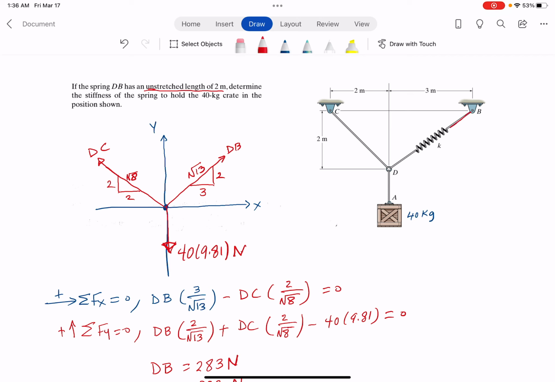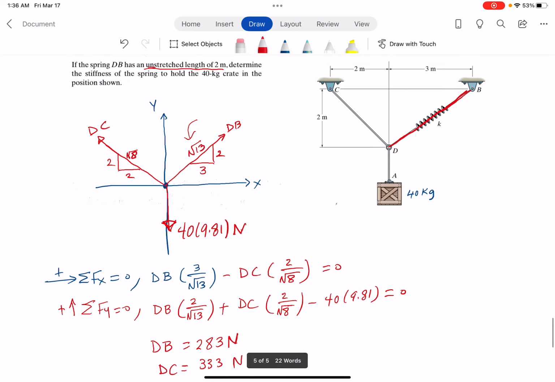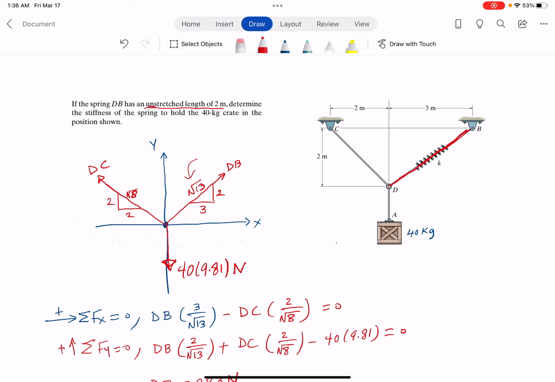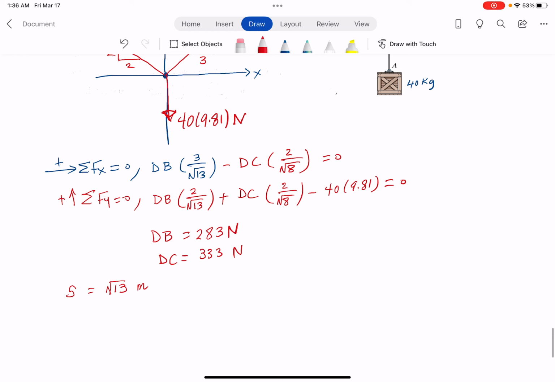This is the actual stretched length of the cable with the weight. So this is S. And now we found out it's square root of 13. Okay, so now the unstretched is 2 meters and the stretched is square root of 13.